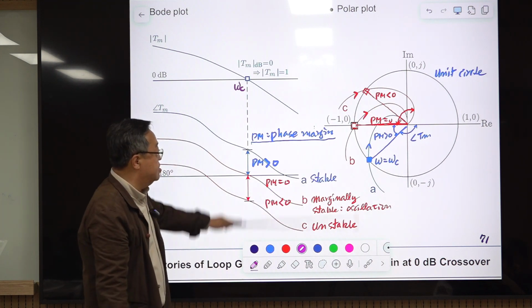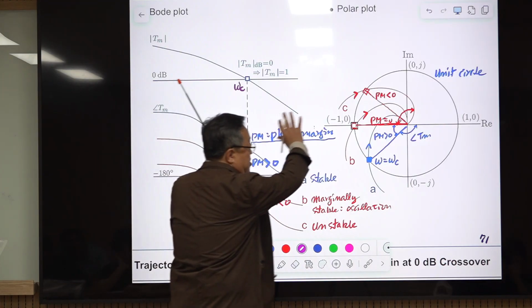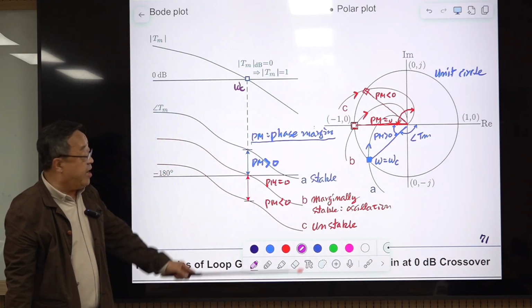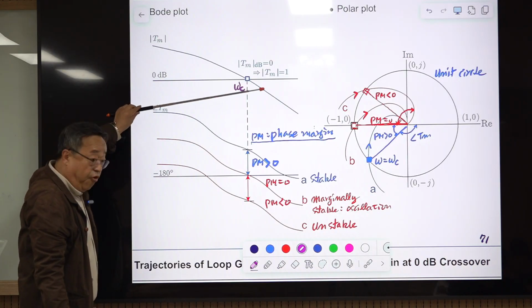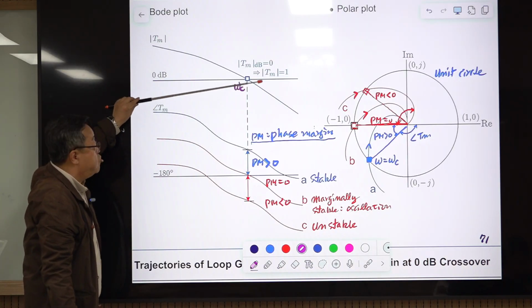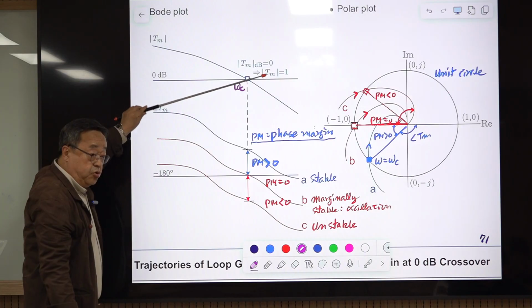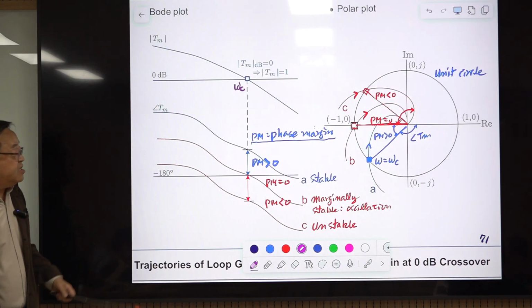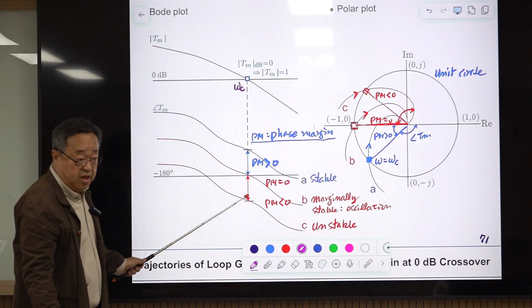Okay, so this is the same graph. It carries the same information. One is in Bode plot format, so here we have two graphs, magnitude and the phase. Advantage of this is the frequency is explicitly shown in this graph.